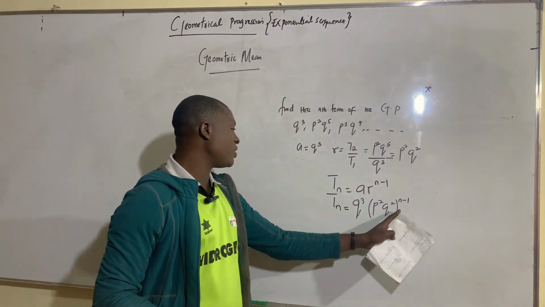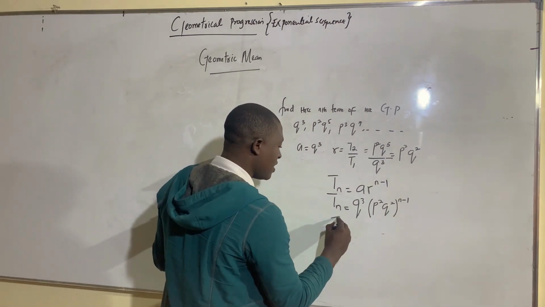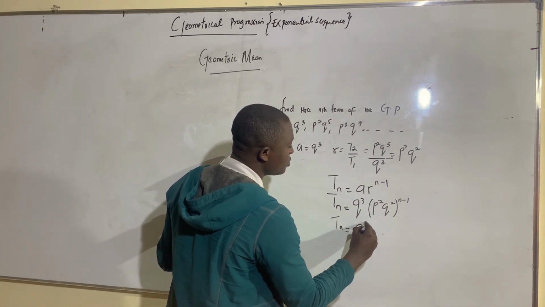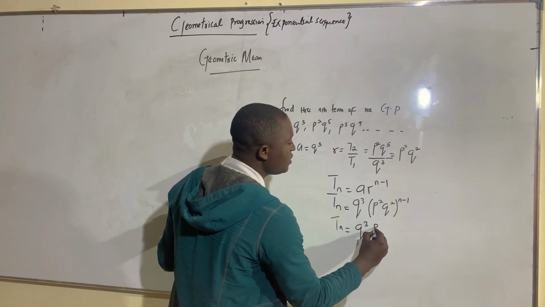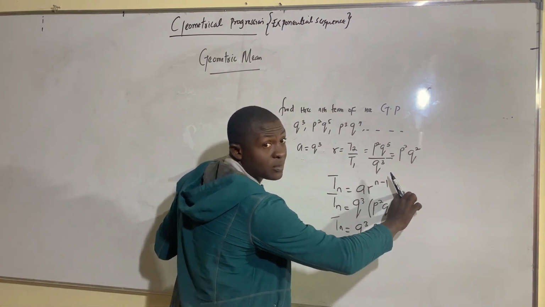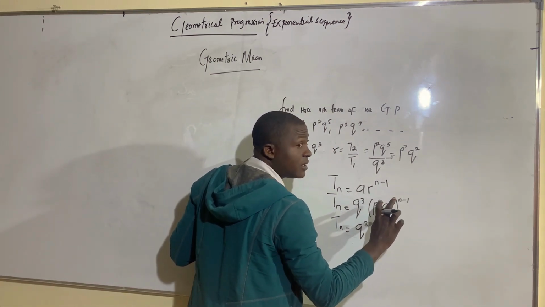So I can just open the bracket. Down here we have Tn equals Q^3 times, if I open the bracket, P. The power outside the bracket affects the two terms inside the bracket.